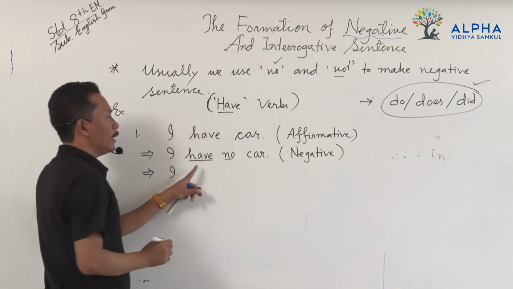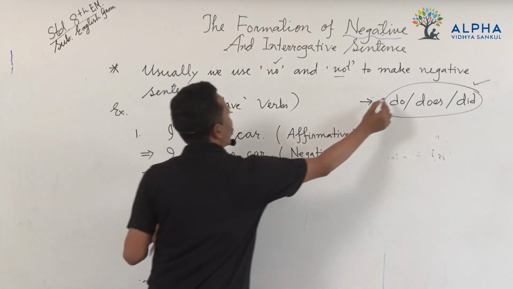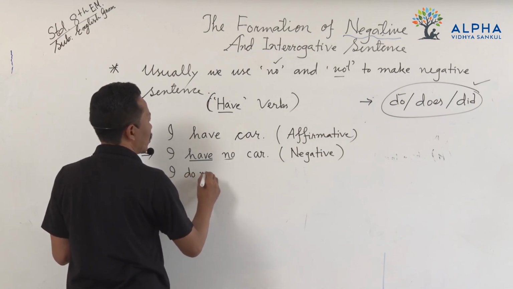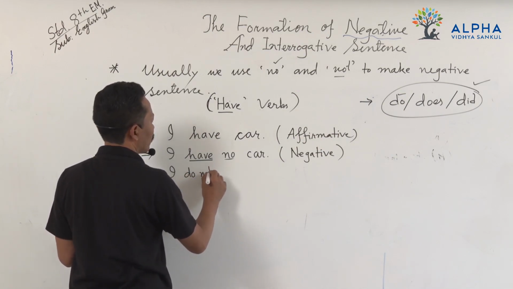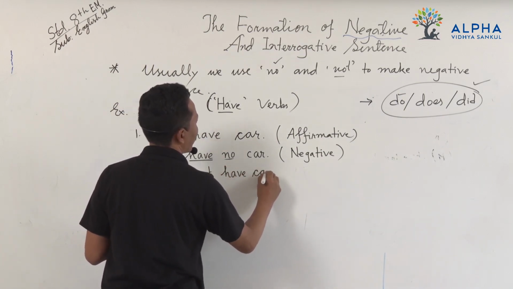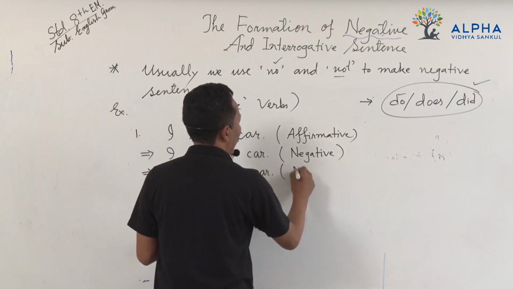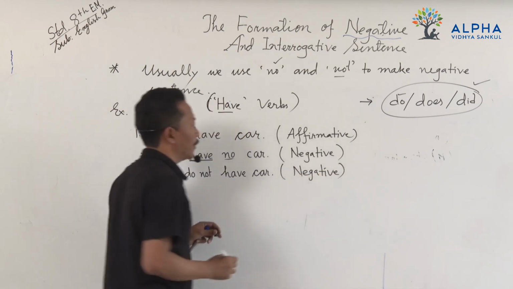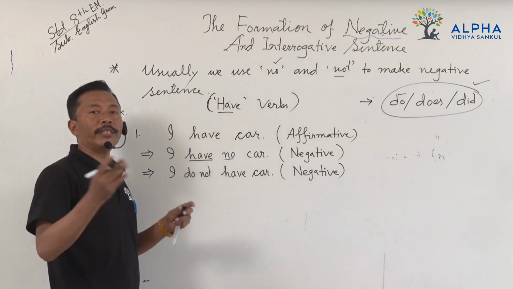This is the present, so we have to use do. You can say: I do not have a car. It is also a negative sentence. But the choice is yours.